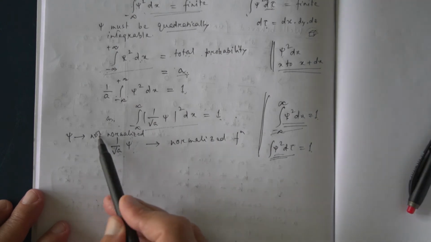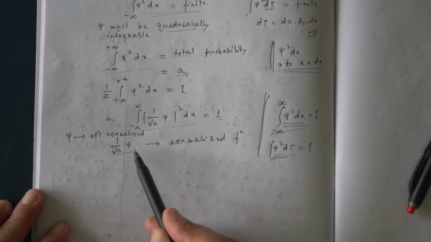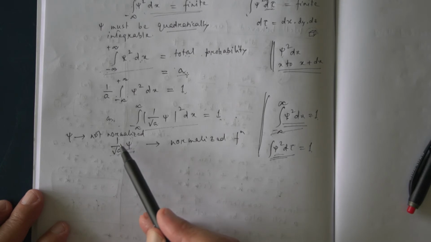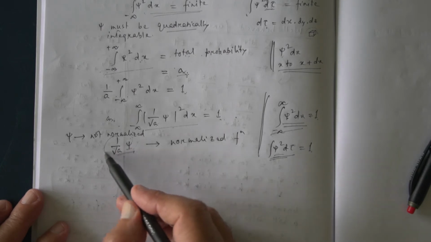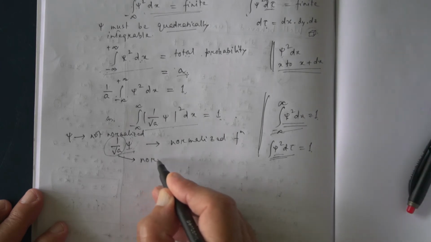Now let's come back. Initially this function was not normalized, so we have converted it into a normalized function by multiplying the function by a constant, and this constant is called the normalization constant.